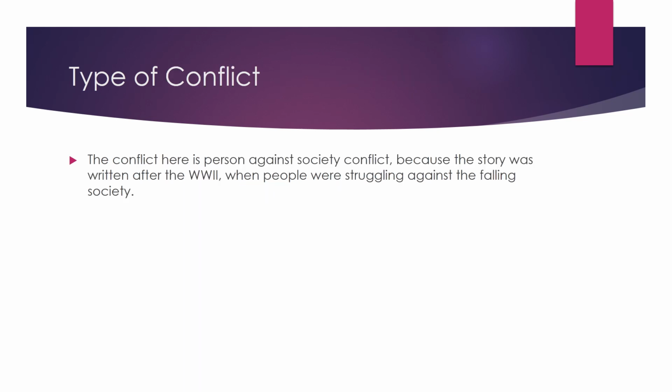As for the type of conflict, the conflict here is a person against society conflict, because the story was written after World War II, when people were struggling against the falling society.